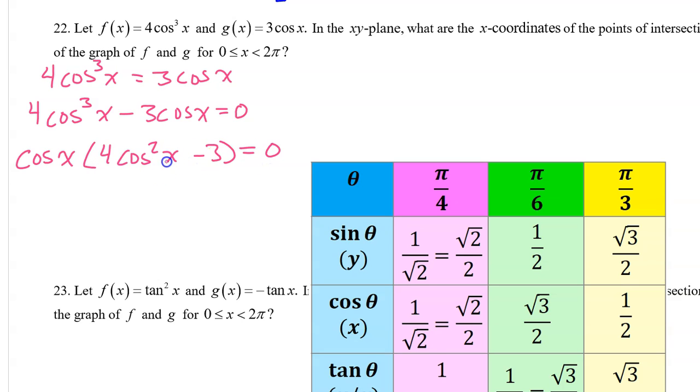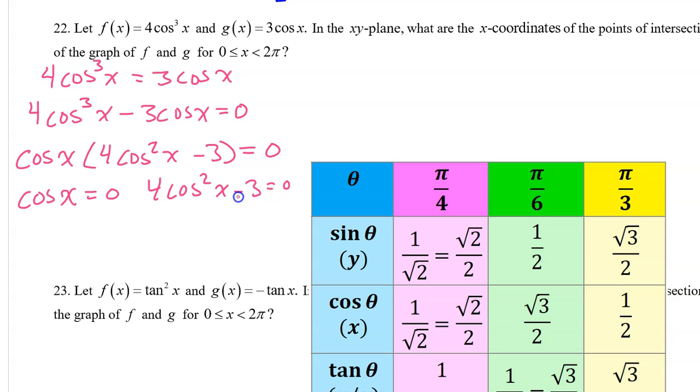We figure out what goes inside the parentheses by dividing each term by cosine x. Now we use the zero product property and set each one of these factors equal to 0. So we will have cosine x is equal to 0, and we will have 4 cosine squared x minus 3 is equal to 0.